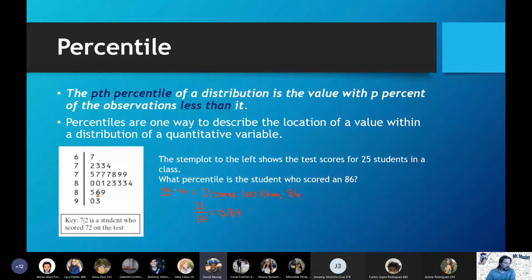Then we convert to a percent by moving our decimal place 2 spots over, and that is 84%. So 84% of the students scored less than an 86, which means the percentile for the student who scored an 86 is the 84th percentile.